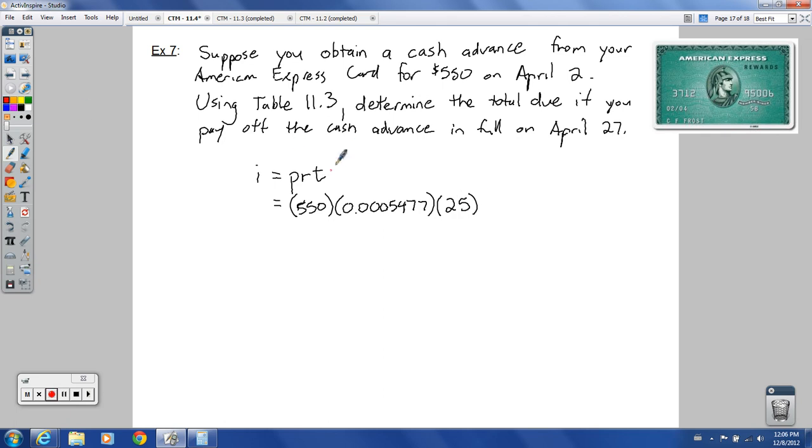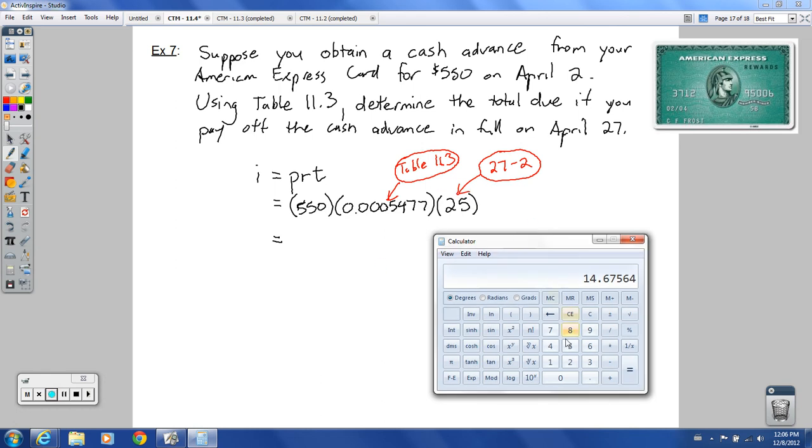So this value comes from the 550 there. This one was from table 11.3, and then this one, it's 27 minus the 2. It's all within the same month, so we don't have to figure out days in separate months and add them together. Let's put this into a calculator now.